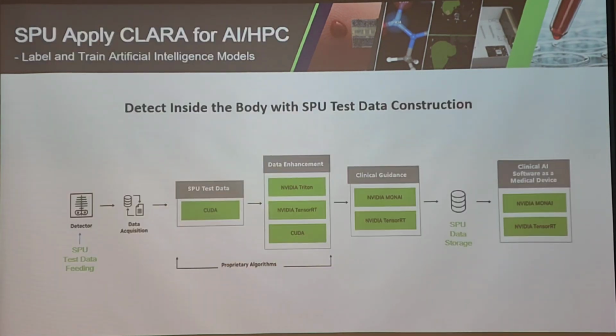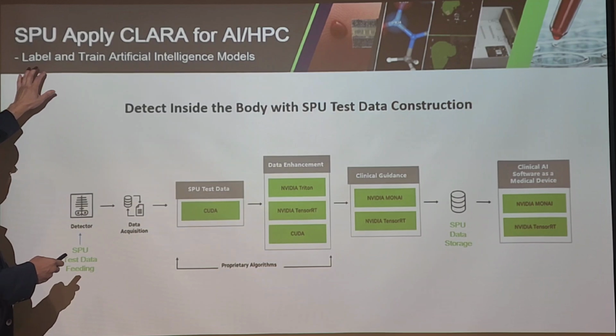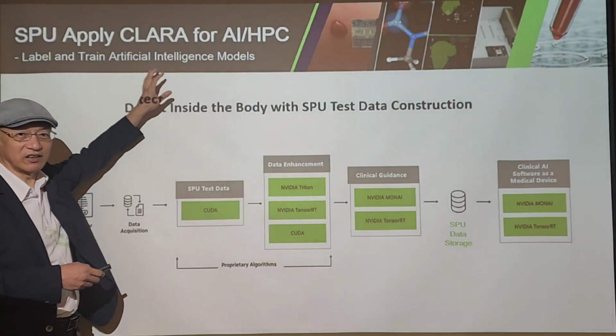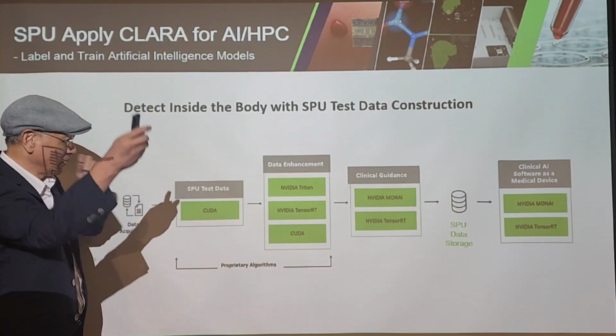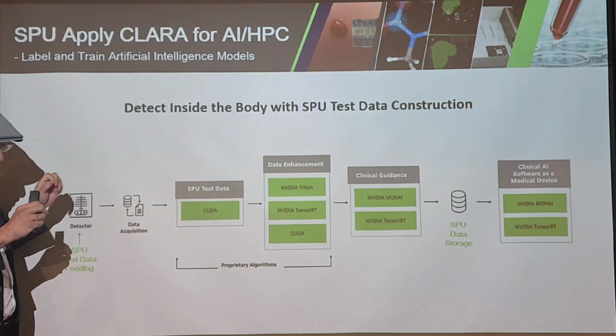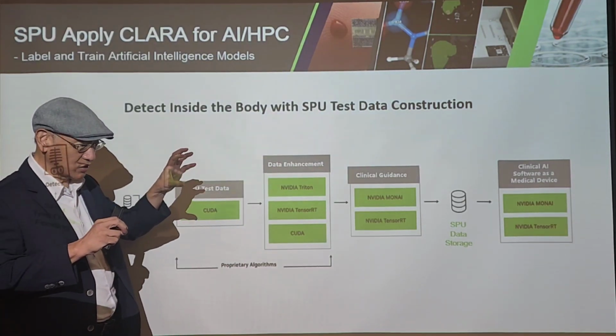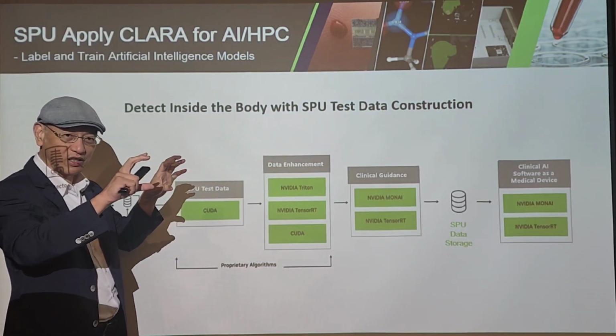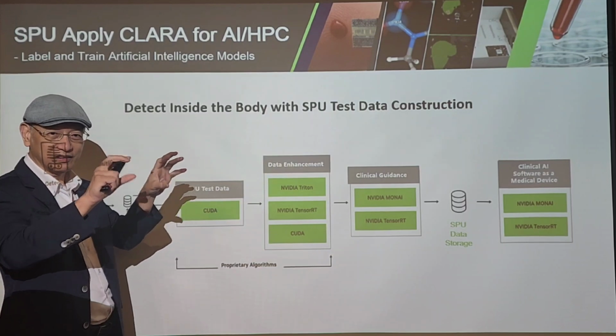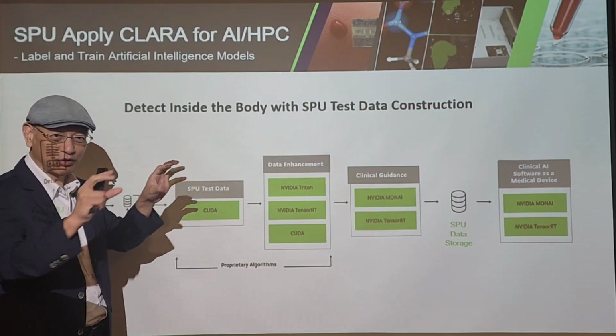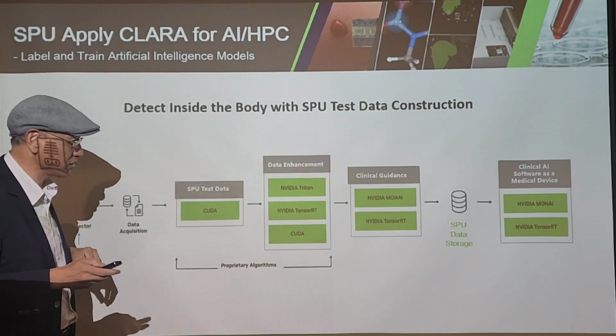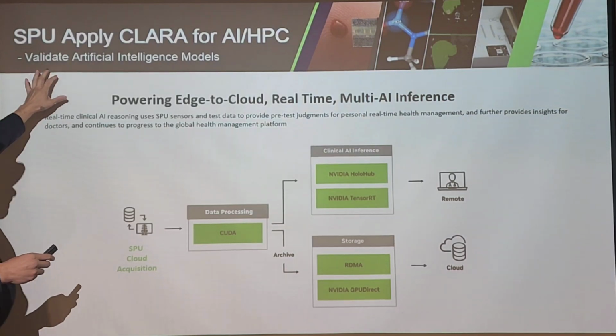And this is how we deploy. First, we label and train the AI. Like a certain disease is correlated to certain physical data. We train it to associate all these correlations, and then we have to validate.